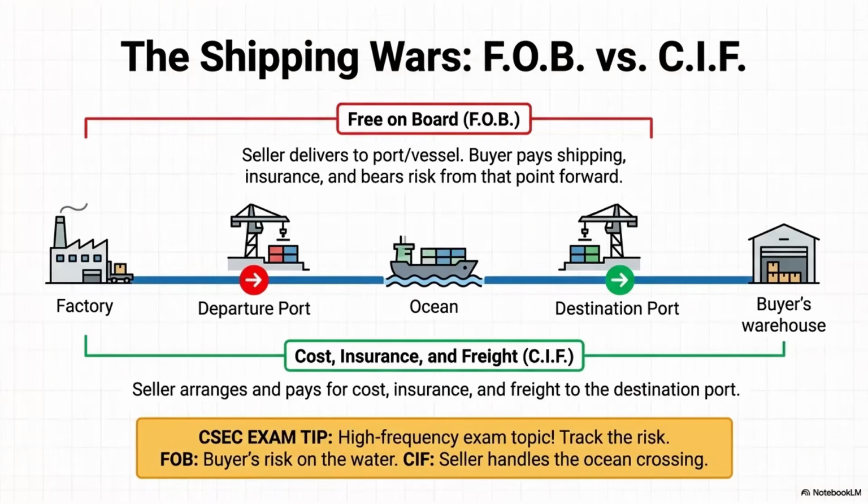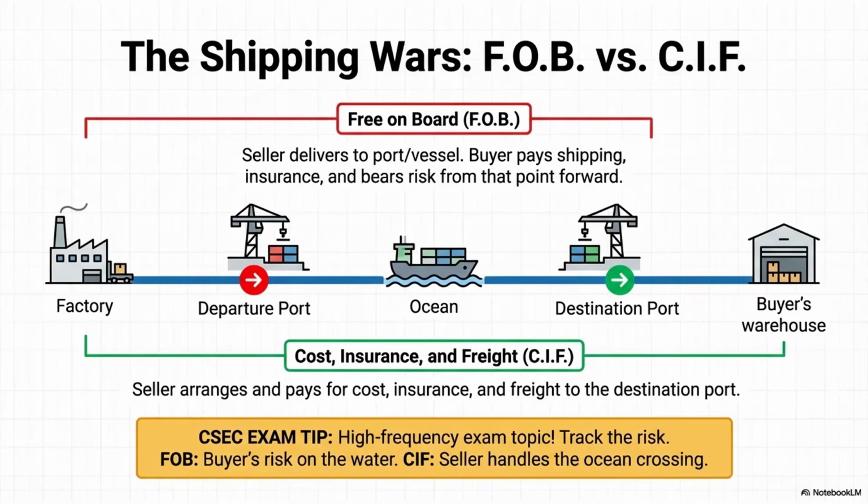Let's look at the difference between free on board and cost insurance freight. FOB, free on board. The seller will deliver to the port. The buyer pays the shipping, insurance, and any risk that happens from there is on the buyer.